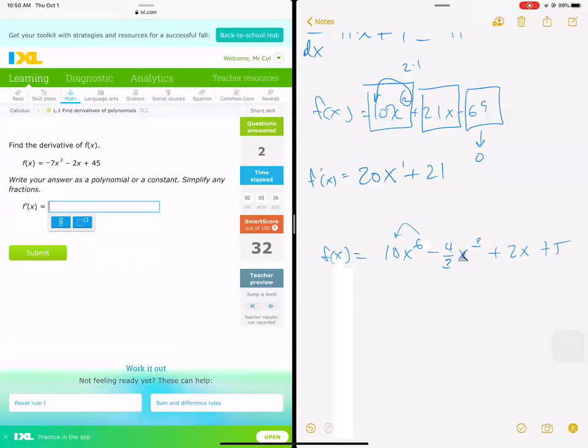Bring down the exponent, bring down the exponent, bring down the exponent, no exponent. So it'll be 60x, 6 minus 1 is 5. The 3 and the 3 divide out, leave me a 4. x, 3 minus 1 is 2. That's automatically going to be a 2. And plus 0.